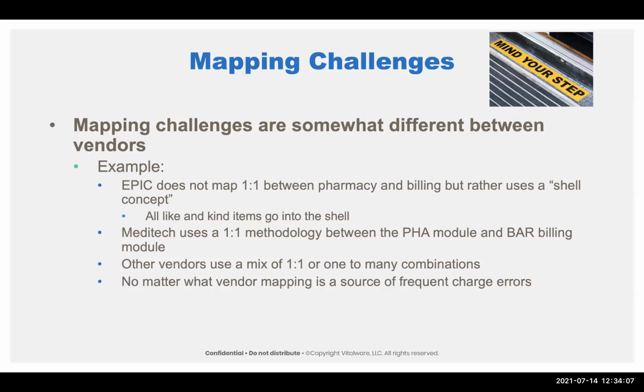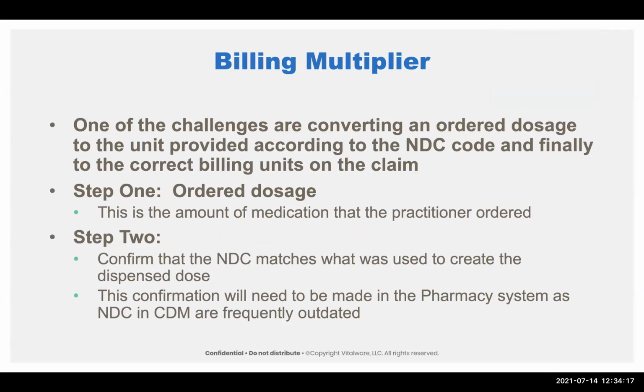If I'm going to go and I promise the client I'm going to find you $1 million, then where am I going to go to look for the million? I'm going to look in the mapping and the units of service. The multiplier is your units of service on the bill.